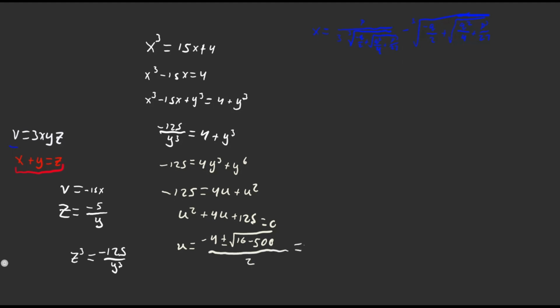We get u is equal to negative 4 plus or minus the square root of negative 484, and we divide that by 2.